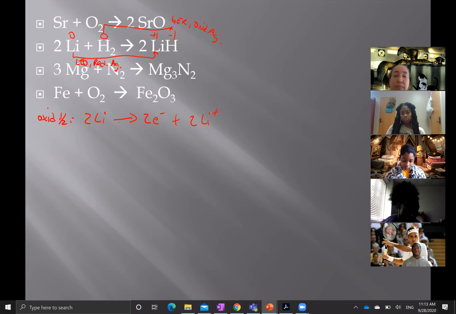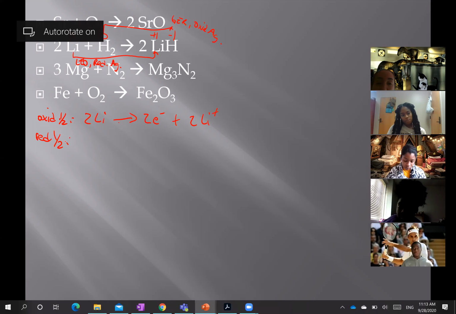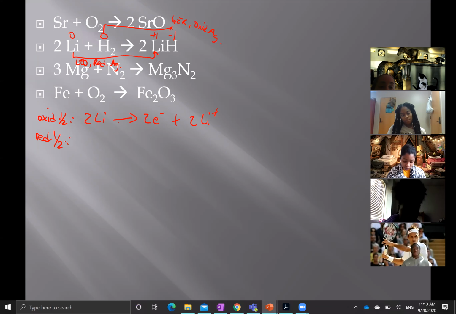Good job. Finally used those coefficients. Okay, so reduction half, somebody else, tell me. H2 plus 2 electrons, 2e. Okay. Arrow.